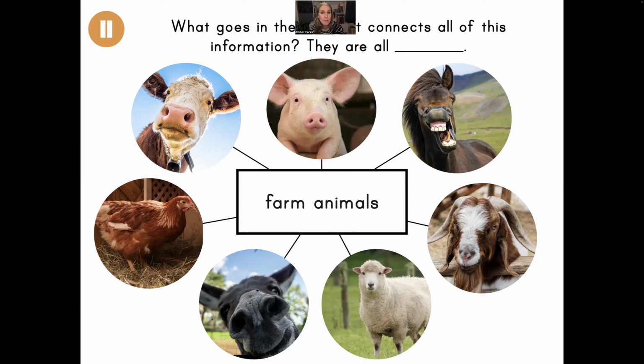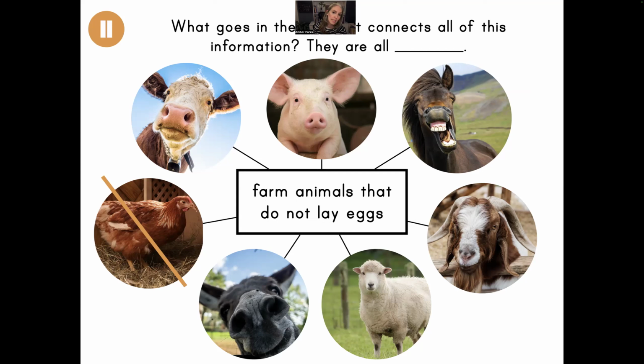What's a connection I can make with a message that repeated over and over in this story? And so if I actually remove the red hen from this brainstorming design, now what goes in the middle is no longer farm animals, but farm animals that do not lay eggs, right? We learned that all of these animals do not lay eggs. So that becomes the category they all fit into once we remove the red hen.